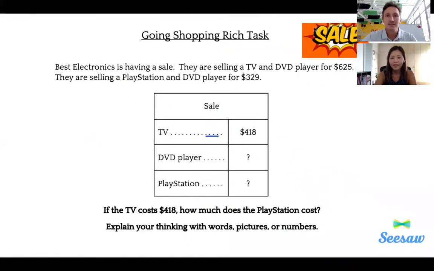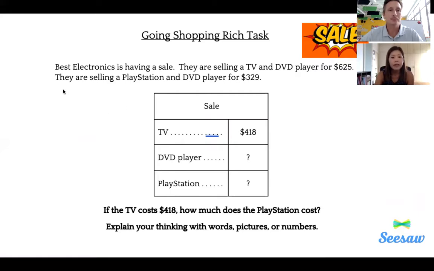This is the rich task problem for today. We're going to read the problem for you. It's called Going Shopping Rich Task. Best Electronics is having a sale. It's the name of a shop. They are selling a TV and DVD player for $625.